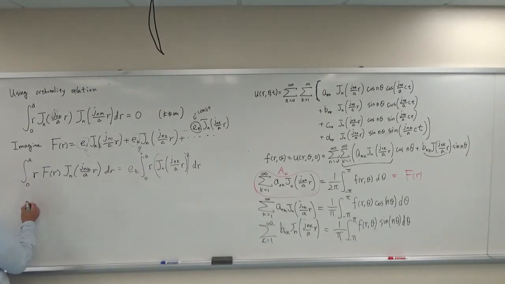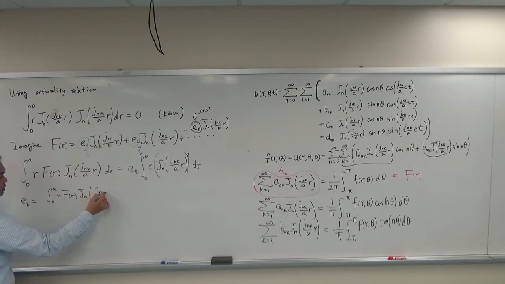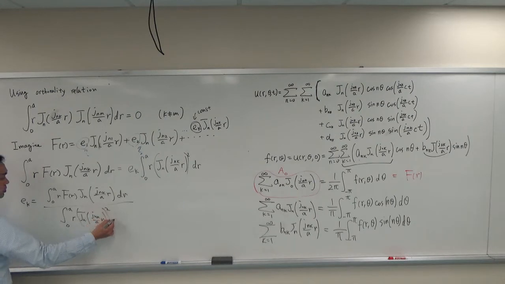And get Ek equal to the integral from 0 to a of r Fr J_N of k over a r dr, divided by the integral from 0 to a of r times J_N of k over a r, squared, dr. If you do this, then you have these coefficients, okay?